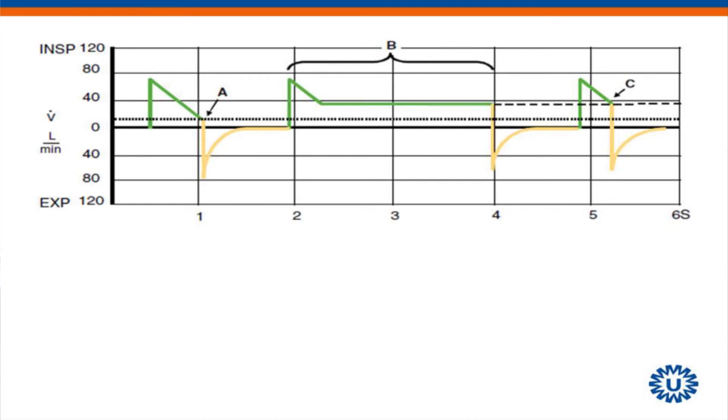What will happen? Who knows the answer? The cycle off threshold is below the leakage. So what will happen? There will be a very long inspiration.